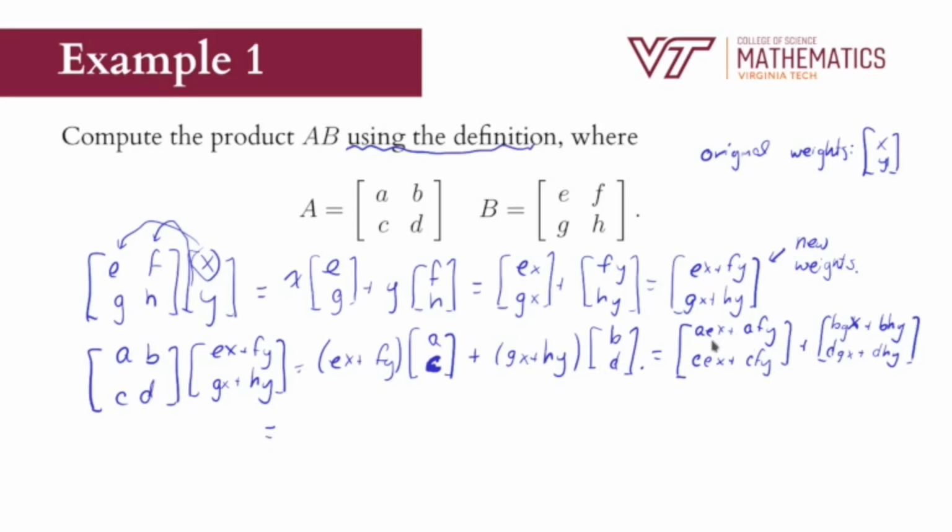When we add these together, I'm going to list both of the X terms first. So this is AEX plus BGX plus AFY plus BHY, and CEX plus DGX plus CFY plus DHY.